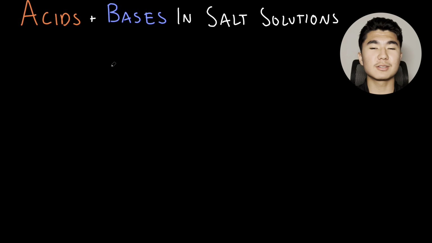The main thing to point out in a basic salt solution is when we have a weak acid, plus the anion of the conjugate base. So what does this even mean, you might be wondering?